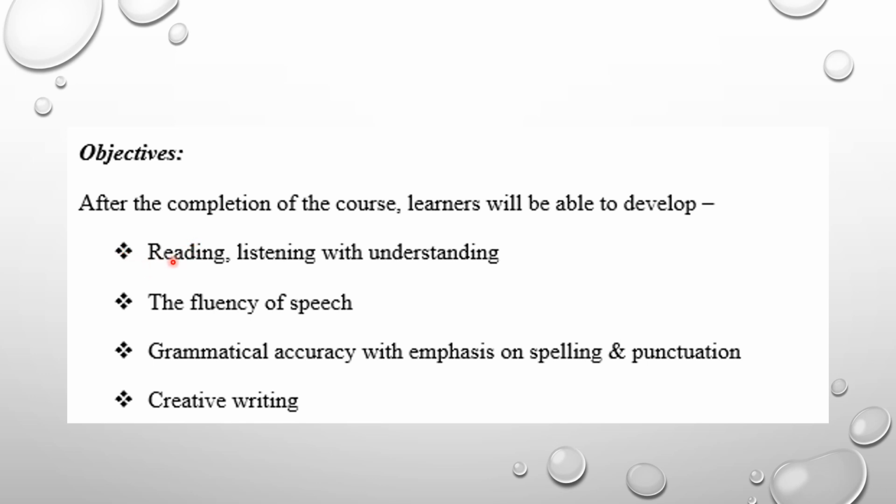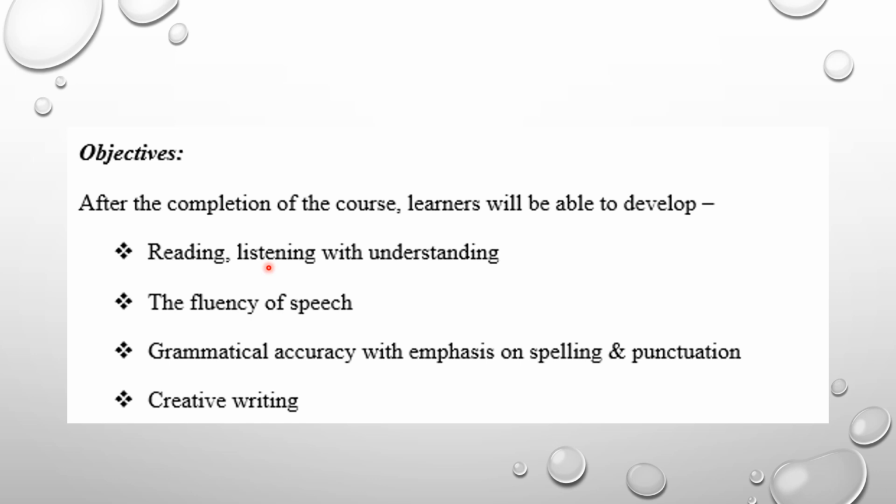First point: reading and listening with understanding. When a student reads something, he will be able to understand it. When a student listens to something, he will be able to understand it. Point number 2, the fluency of speech. What is fluency? Fluency means spontaneity, continuity of speech.